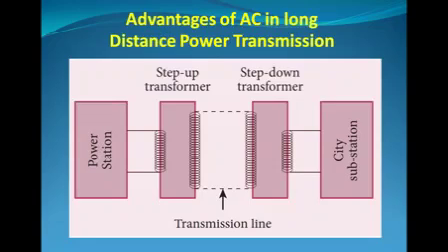Most power stations are located in remote areas, so the electric power is generated and transmitted over long distances through transmission lines to reach the cities or towns where it is consumed.